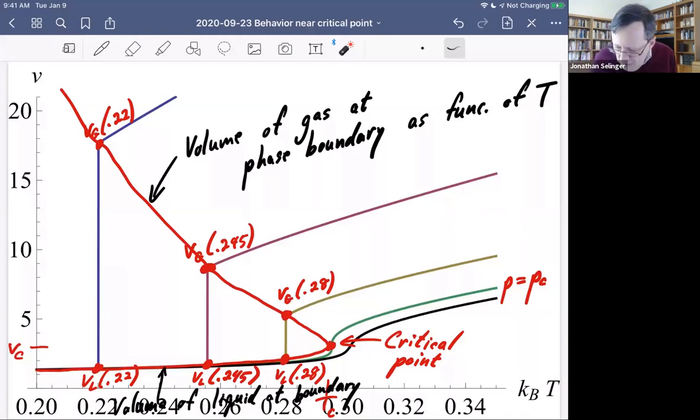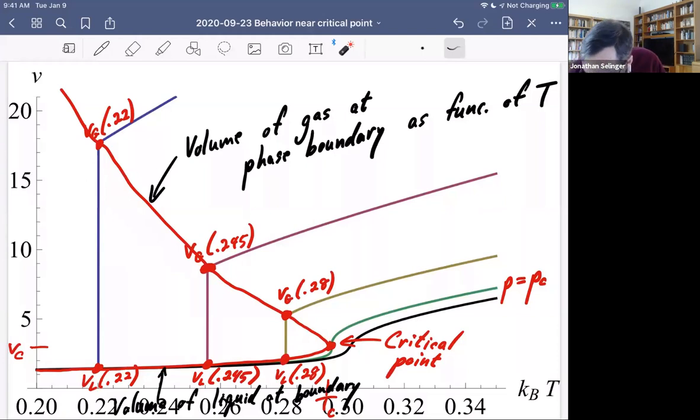Now, suppose we look at the red line that I just drew. In general, it's a sort of complicated shape.